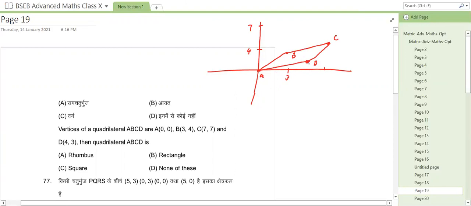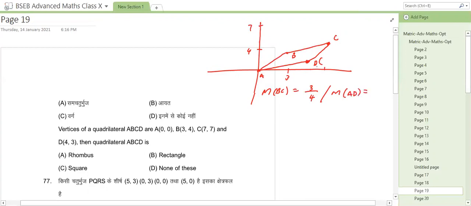So let us find the gradient of BC. Gradient of BC is equal to 7 minus 4, which is 3 over 4. What about the gradient of AD?